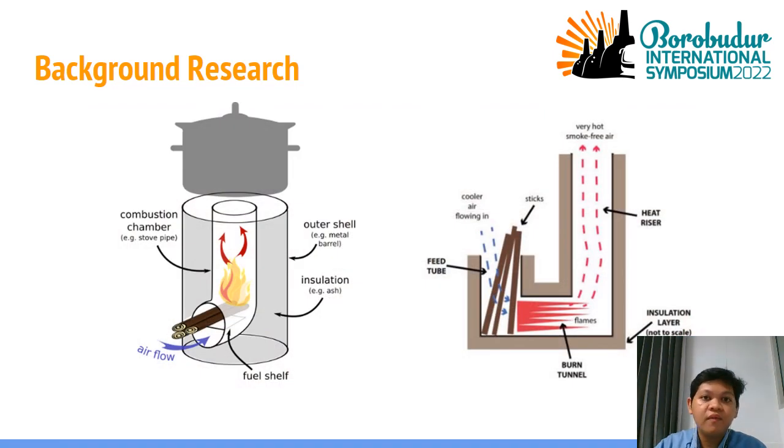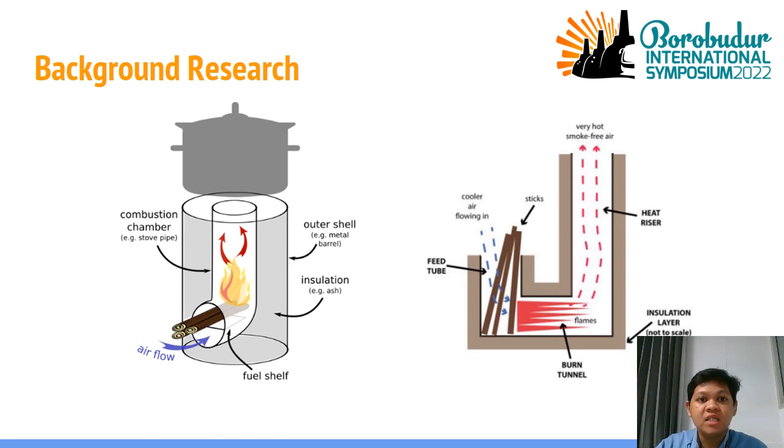Recently, to improve efficiency, many traditional stoves have been developed and are known as improved cookstoves. One of the popular improved cookstove designs is the rocket stove. The rocket stove has an elbow or L-elbow shape. This shape makes the user more familiar to operate the stove.